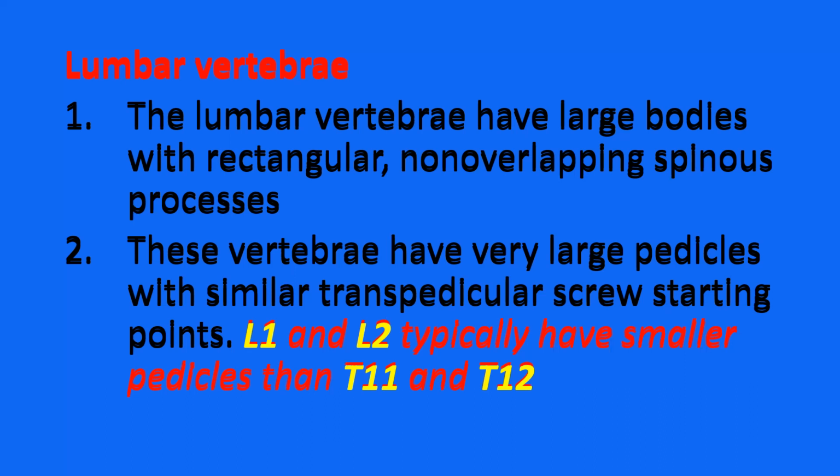Then you move up to L1, L2, it goes down to around 4 millimeters, 5 millimeters. And then you go up to T11, T12, it gets thicker, larger, with more diameter. The thinnest diameter is at the level of T4. Pay attention, in the thoracic spine.